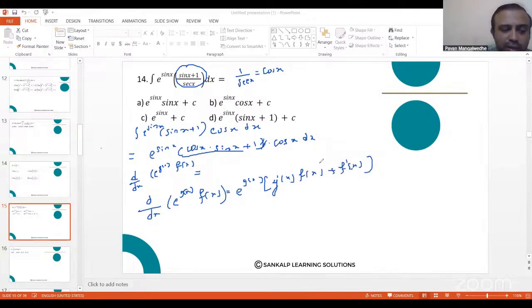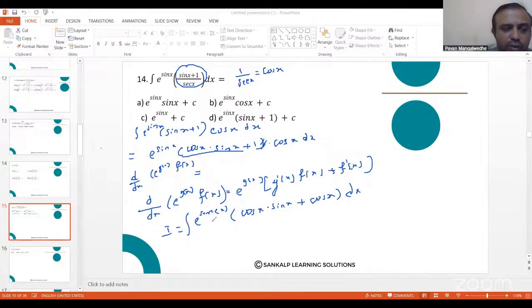On comparing this with our general integration, we get I equals e raised to sin x into cos x into the bracket cos x into sin x plus cos x dx.